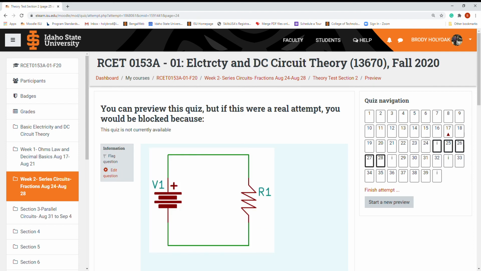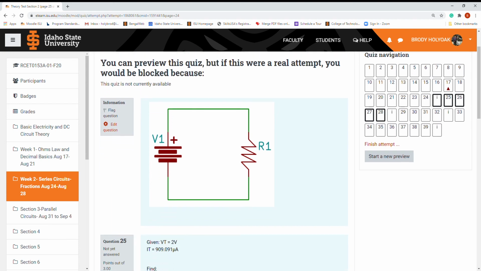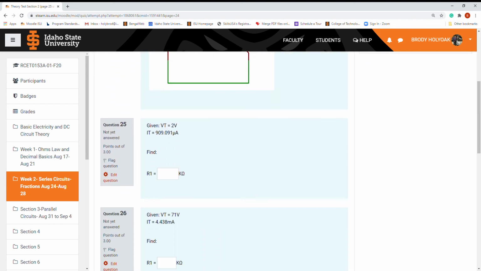Okay, for the next 4 questions, this is going to be our circuit. The first one, we're given a voltage and a current. We're expected to find resistance in kilo ohms. So what's our formula for resistance? V over I, voltage over current, 2 divided by the 909.091 times 10.